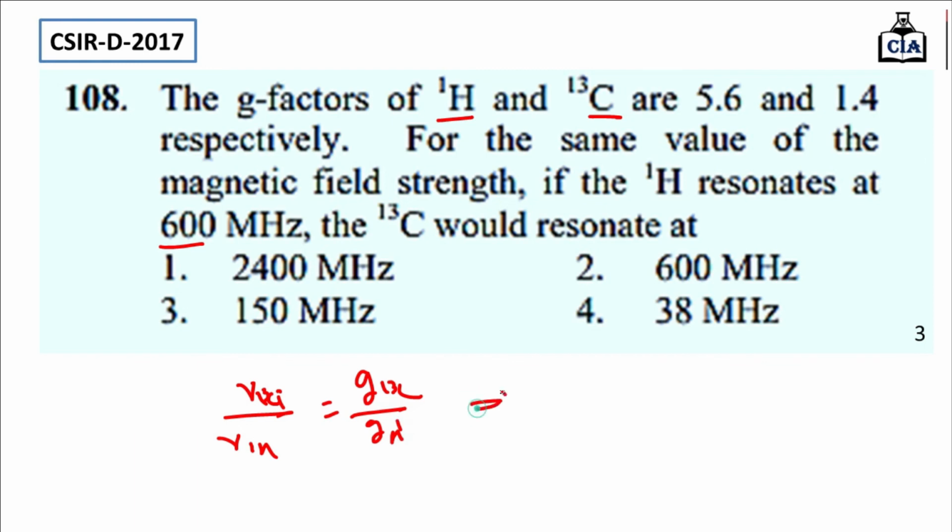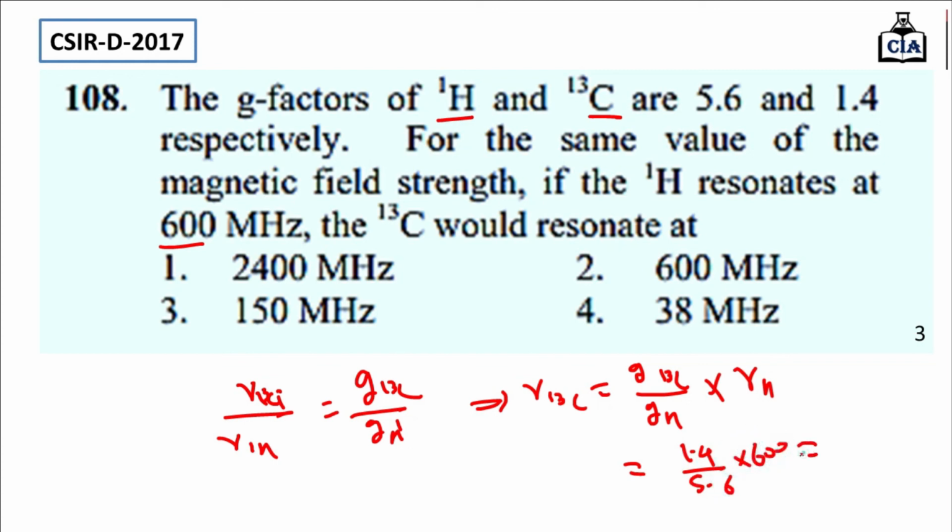Rearranging, the frequency of carbon nuclei equals G factor for carbon divided by G factor for proton into the frequency of proton. Putting in the values, 1.4 divided by 5.6 into 600 gives 150 megahertz. So option third is the correct answer.